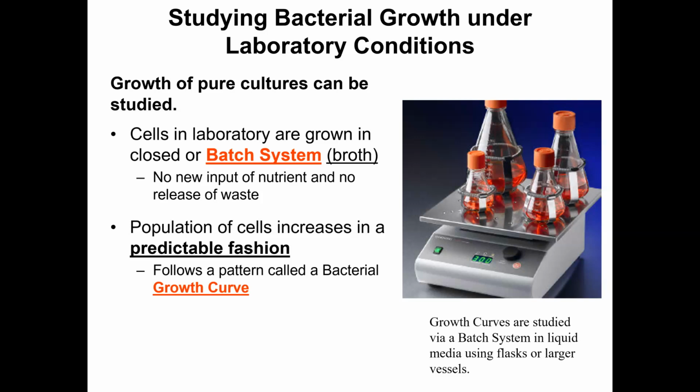Pick your favorite. TSB, nutrient broth, whatever. You inoculate each one, close it off, and then the machine here, called a shaker, does what it does. It shakes the flasks.